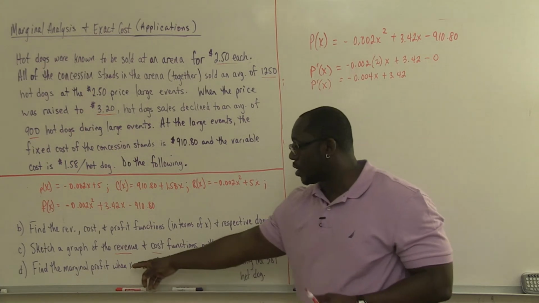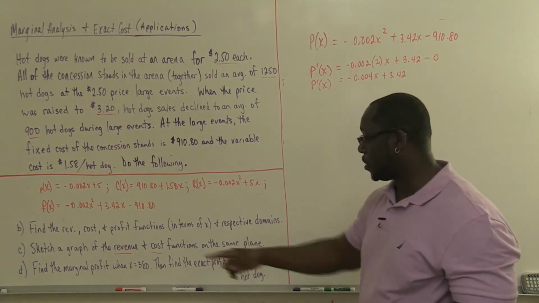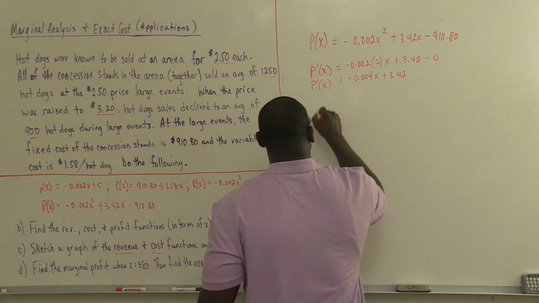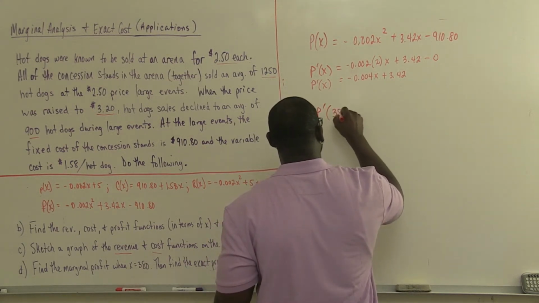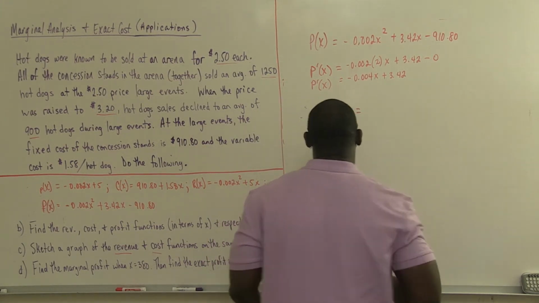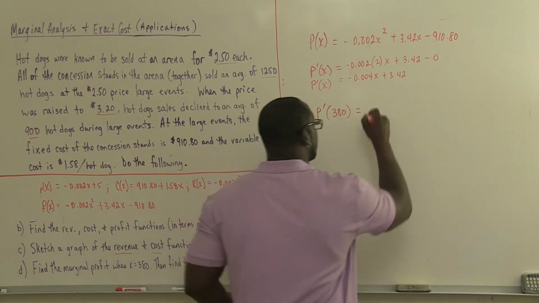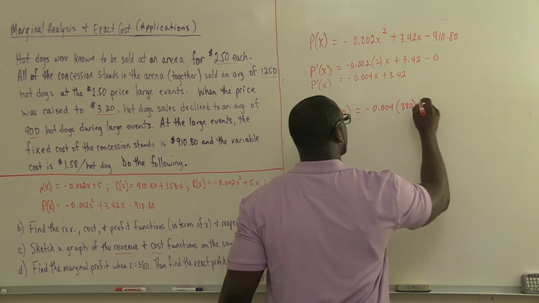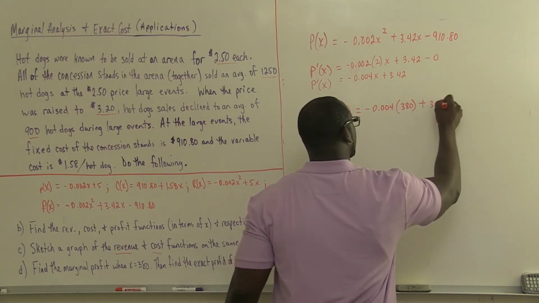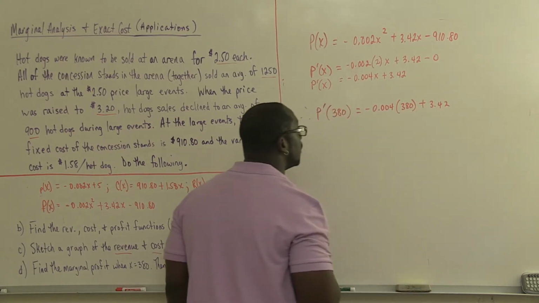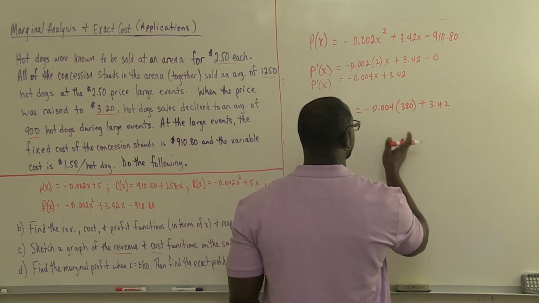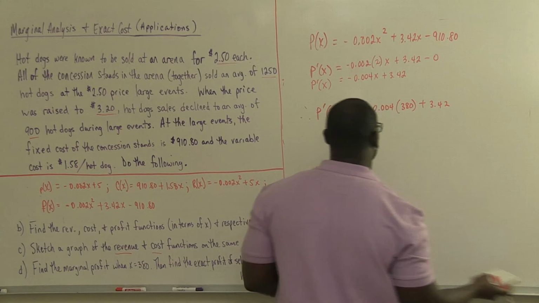And we want to figure out what is going to be that marginal profit when X is 380. So here, marginal profit is, we just plug it in. Plus 3.42. I'm not going to waste a whole lot of time trying to do that.